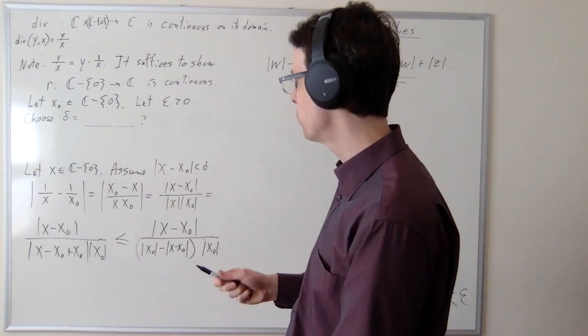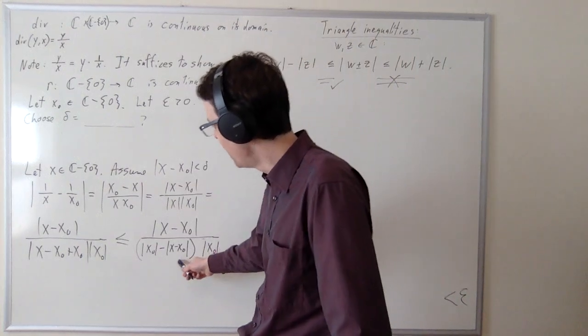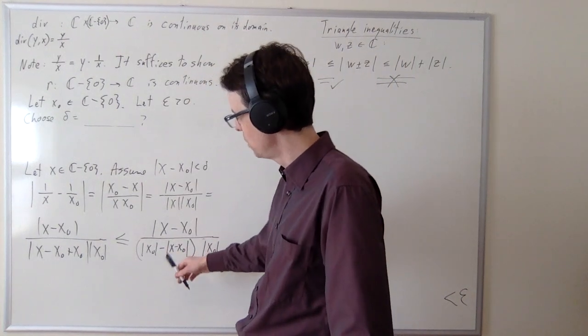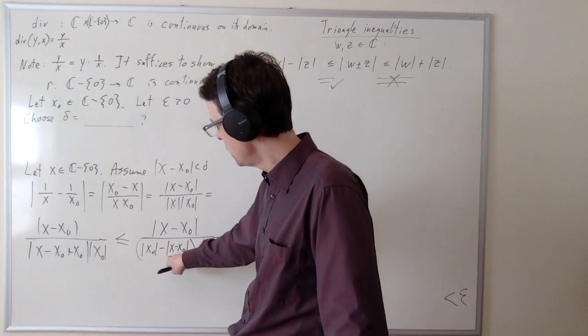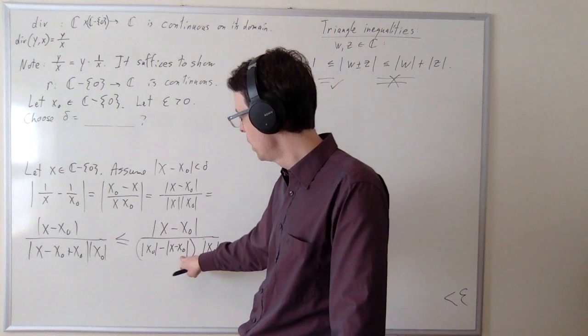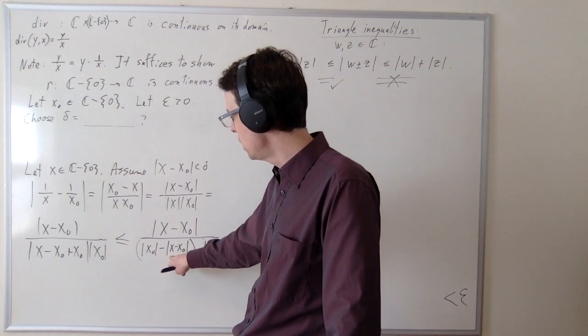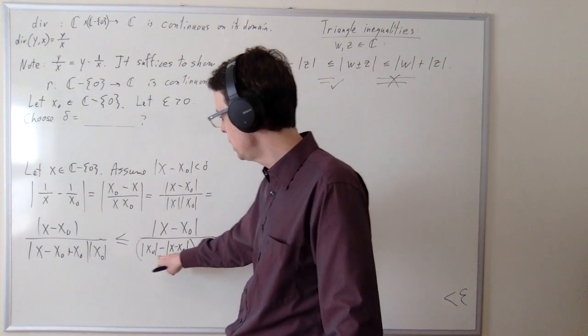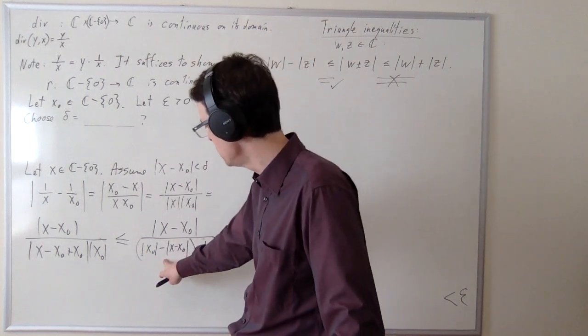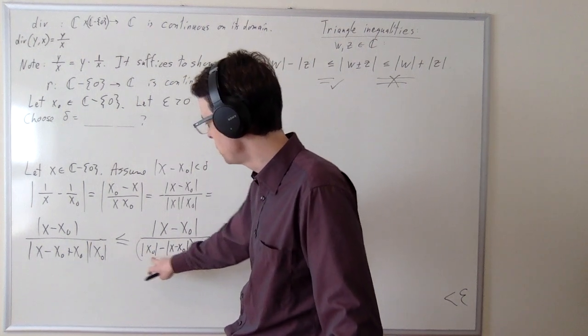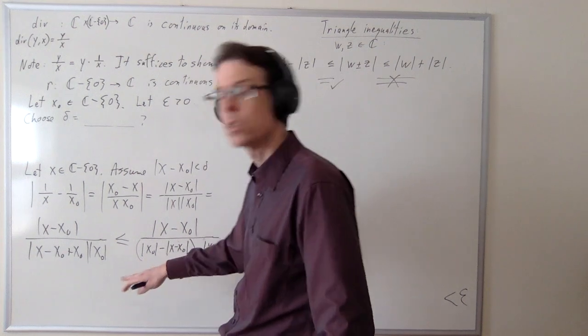Well, really, no, not yet, but I can force it to be positive. So this is the modulus of x naught. All I need is for this thing to have a modulus which can be related to that. Okay, so I need this modulus to be not any bigger than that, so that it won't be negative.